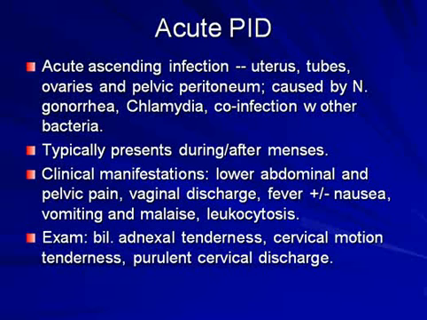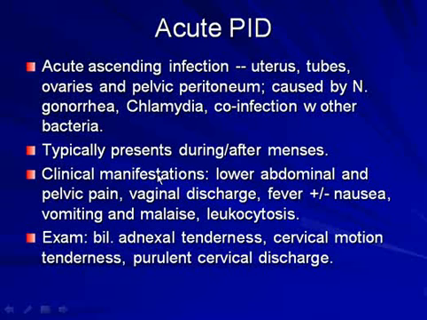One of the most common entities to present to the emergency room is acute pelvic inflammatory disease. This is an acute ascending infection of the uterus, fallopian tubes, ovaries, and pelvic peritoneum, usually caused by Neisseria gonorrhea, chlamydia, or co-infection with other bacteria. An important thing for the radiologist to realize is that this condition typically presents not mid-cycle like the corpus luteum, but during or after menses.